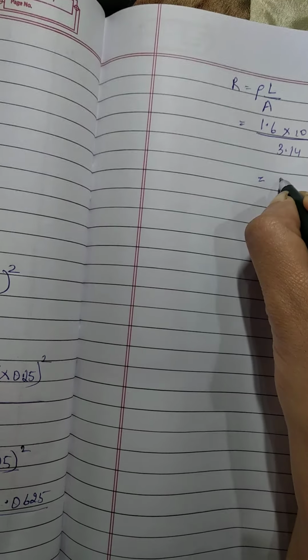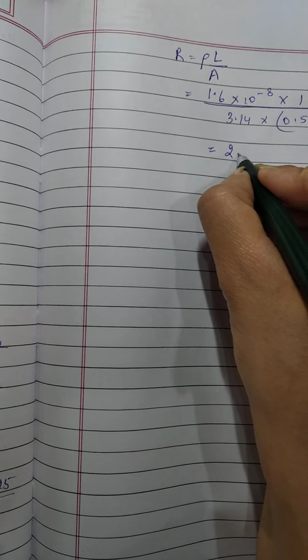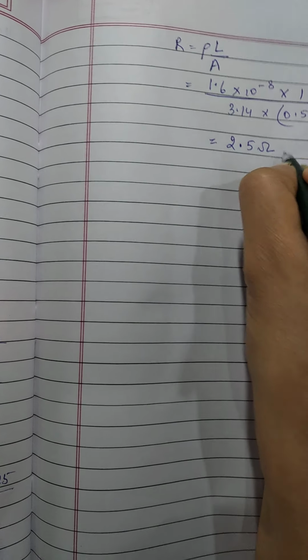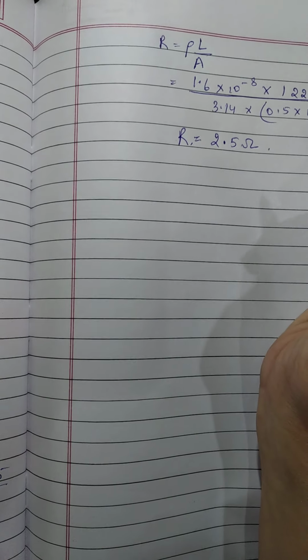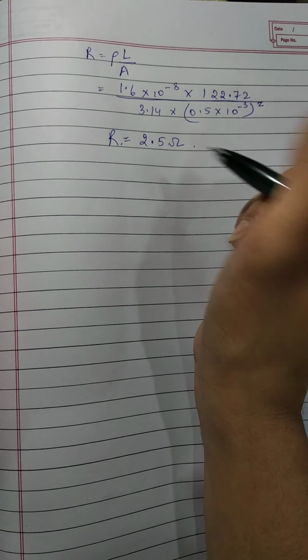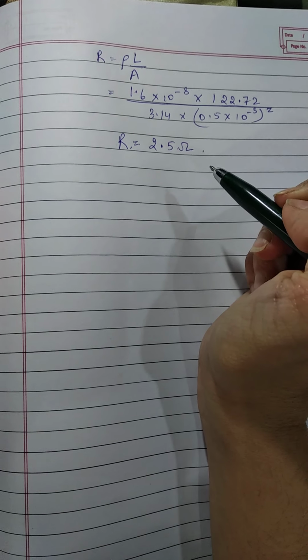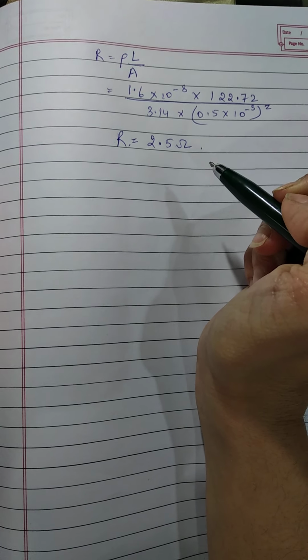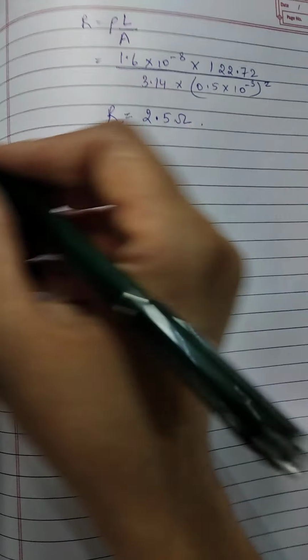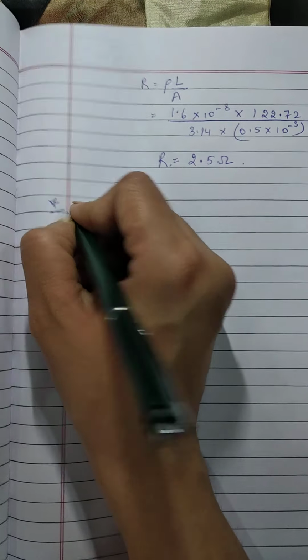So once we solve this, we get 2.5 ohm as our resistance. Right? I hope you can solve this out. With this, we come to question number 7.